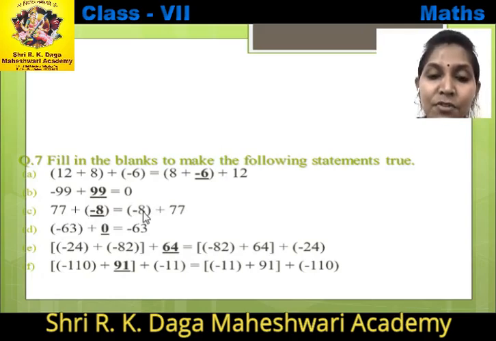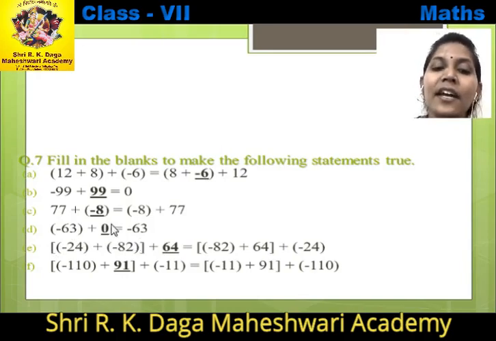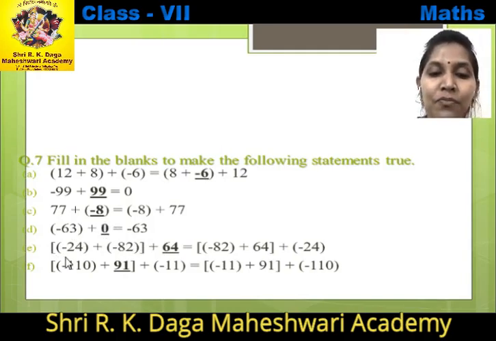Commutative property is used here, so we will write minus 8 in the blank. Minus 63 plus dash is equal to minus 63. The integer is as it is after addition, that is additive identity is used, which is 0.